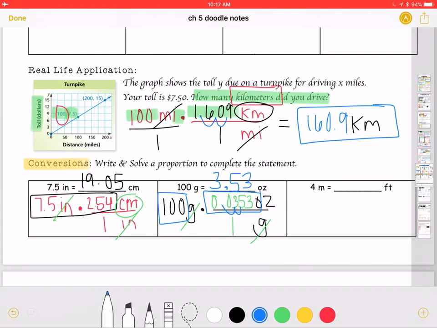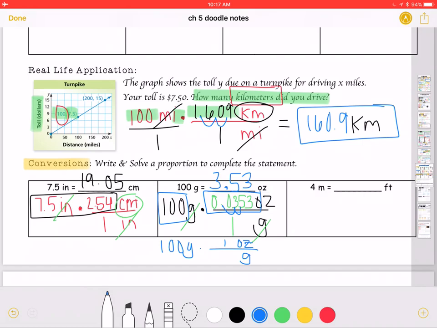Could you have it so that your numerator is 1? Sure, and what do I mean by that? Let me show you. You could set it up so this is 100 grams times, and then again, you still have grams on the bottom and ounces on the top. But what if the conversion table, or what we give you, gives you for 1 ounce?